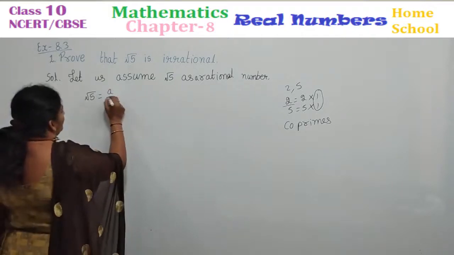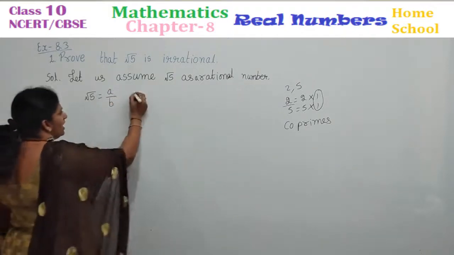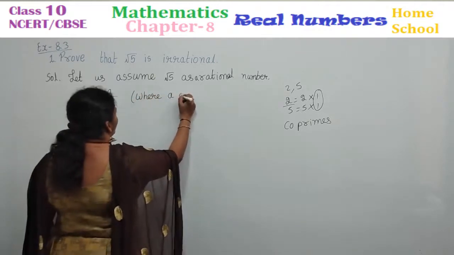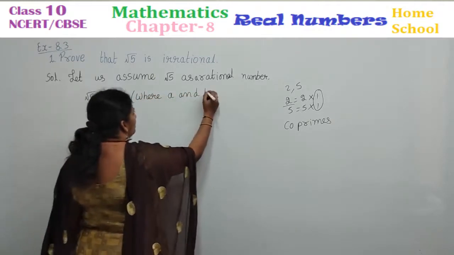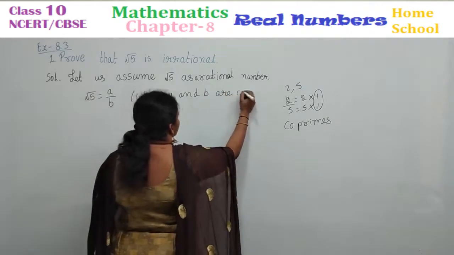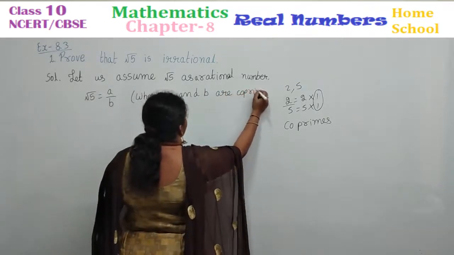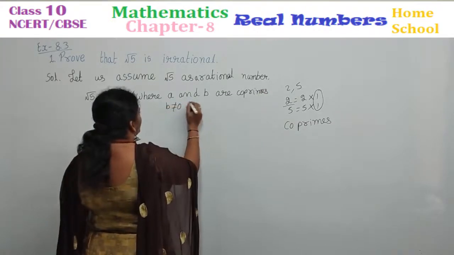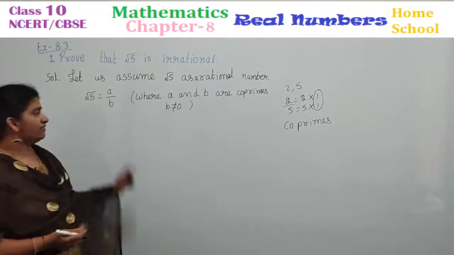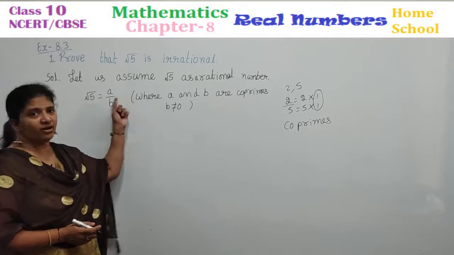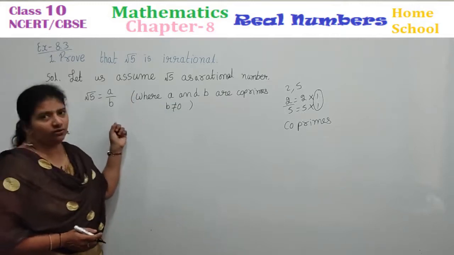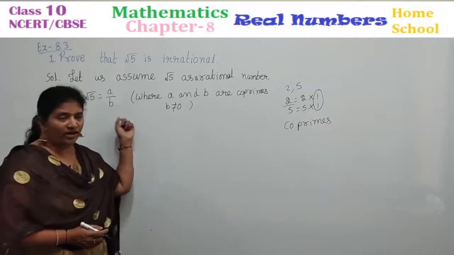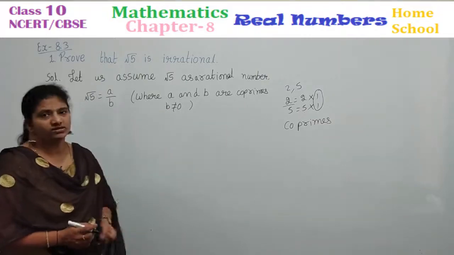Let me take here A by B, where A and B are co-primes, and B cannot be equal to 0. When I assume it as a rational number, then that must be equal to A by B.